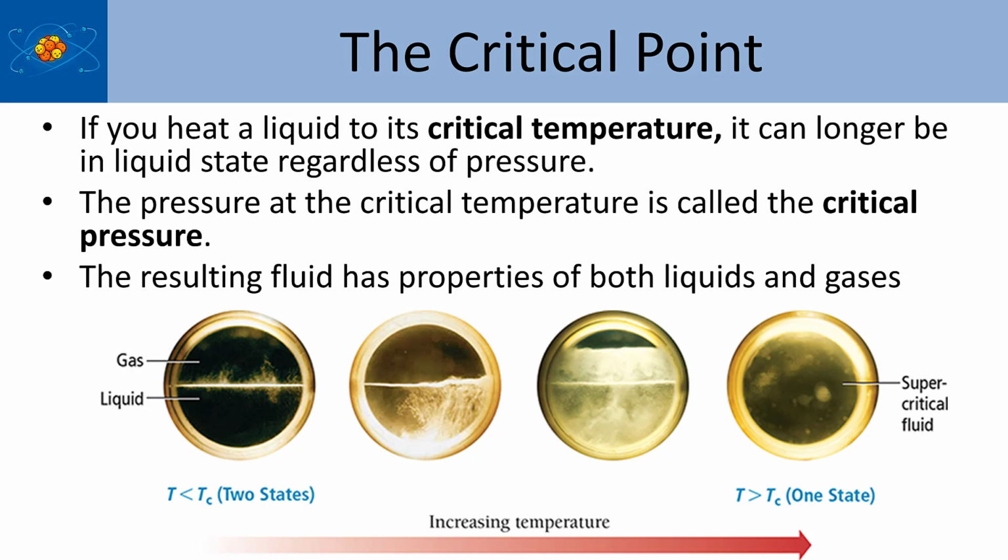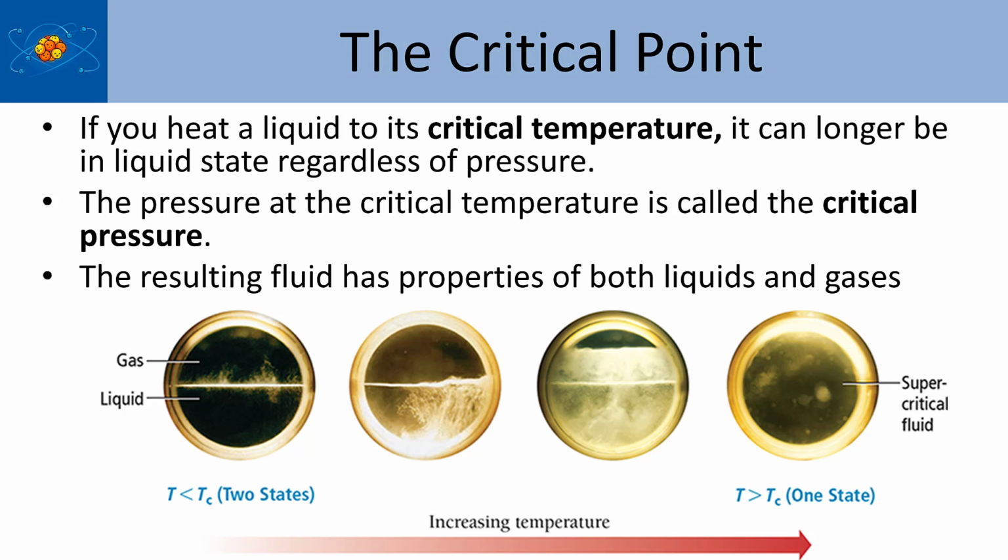All right. So let's talk about the critical point. If you heat a liquid to its critical temperature, it can no longer be a liquid. And the result is it creates something called a supercritical fluid. This is what the liquid-gas state looks like, for carbon dioxide, I believe.